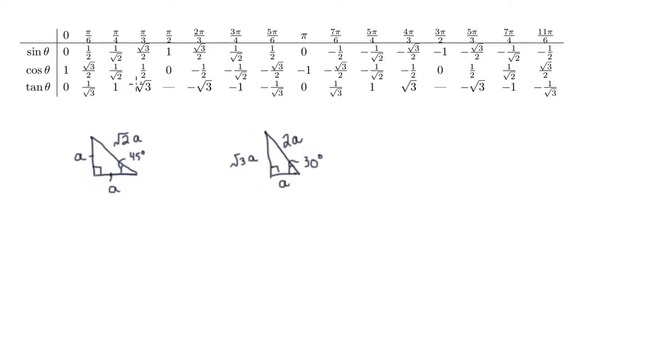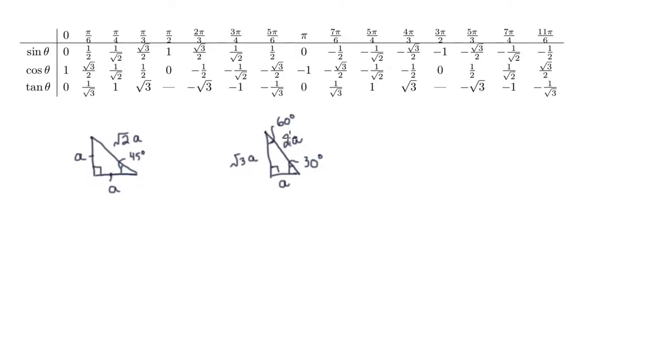And then that's where these values are coming from here. For pi over 3, okay, so that's 30 degrees. Pi over 6 is really 60 degrees, so this angle is going to be 60 degrees. So these special values are just coming from 45, 45, 90 triangles and 30, 60, 90 triangles. And using that Pythagorean identity as well.